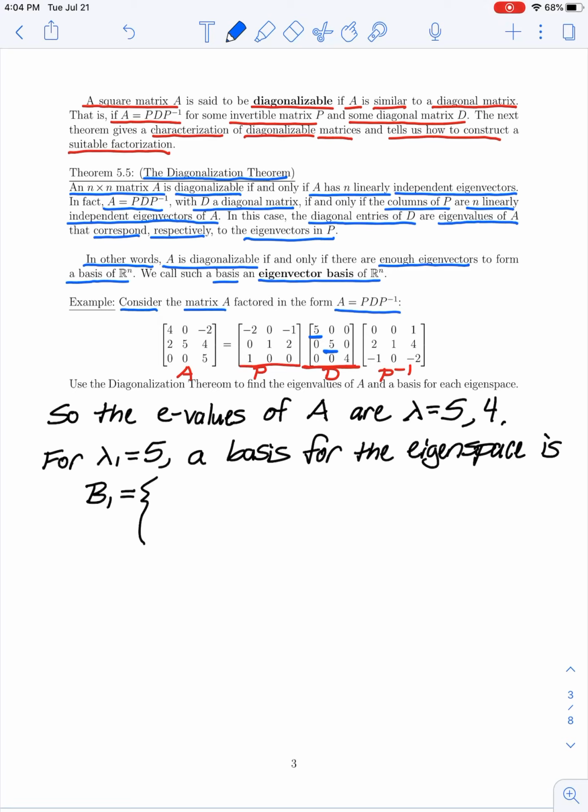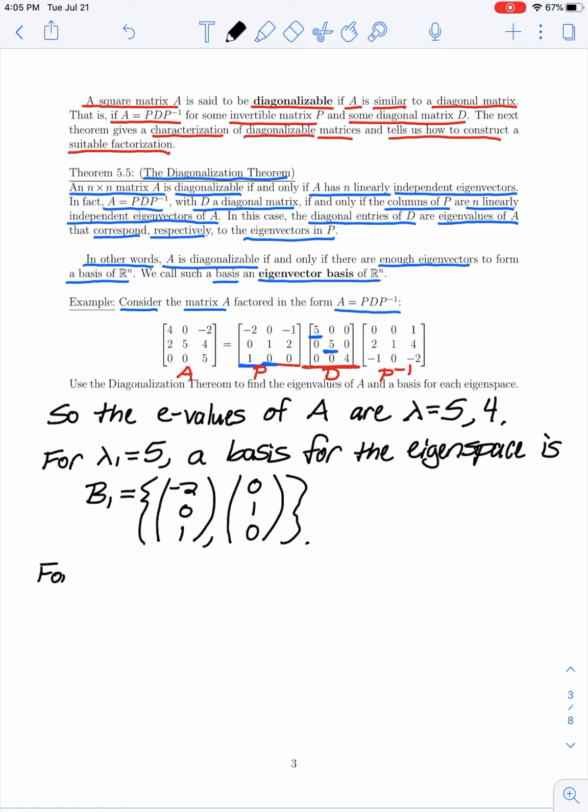It was listed in both the first and the second column of D. So the vectors in the first and second column of P would be eigenvectors. And we can see by inspection that they are linearly independent. One is not a scalar multiple of the other. Therefore, they form a basis for our eigenspace. So our first vector would be -2, 0, 1. And our second vector for this basis would be 0, 1, 0.